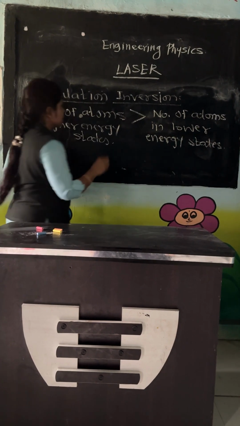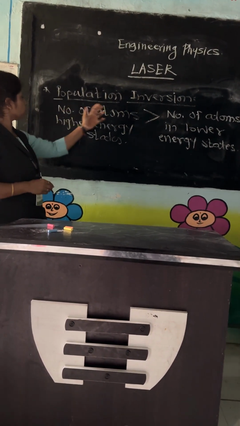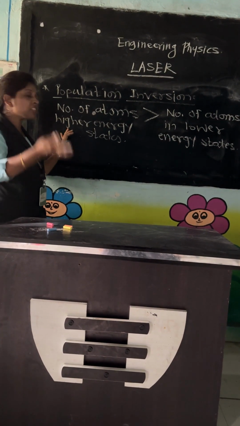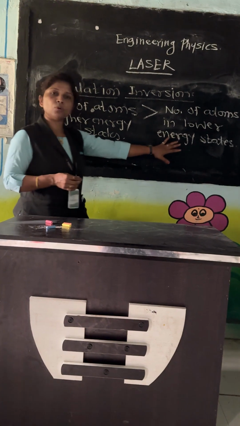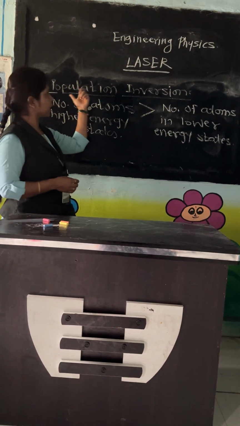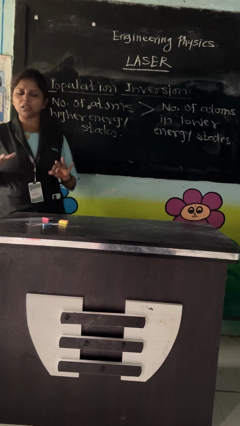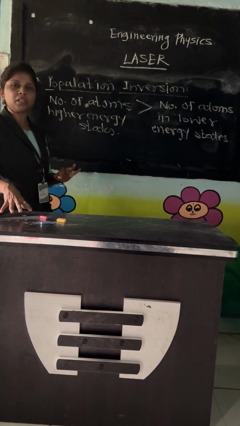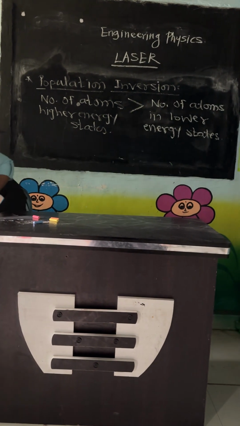And hence, listen again, population inversion is the process in which the number of atoms in higher energy state is larger than the number of atoms in lower energy state. This process is called population inversion. And now there is another important term used for this process. That term is called pumping.